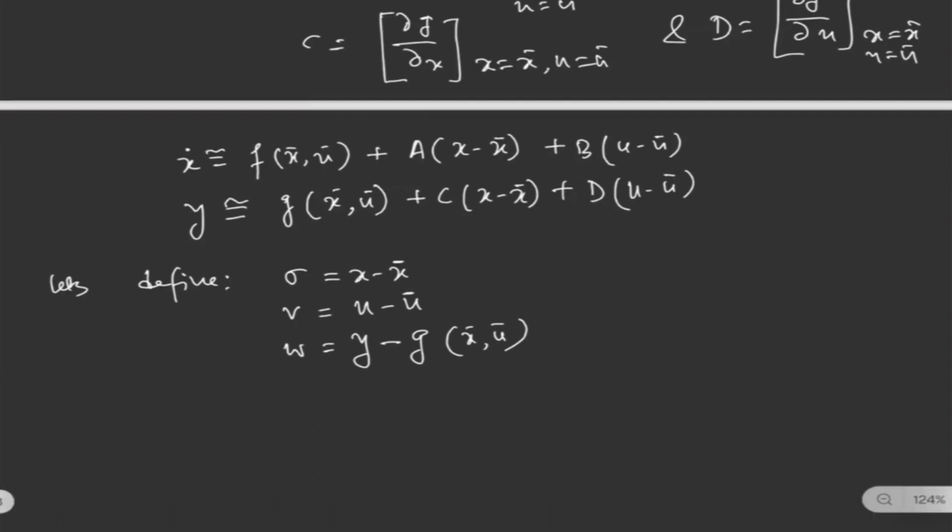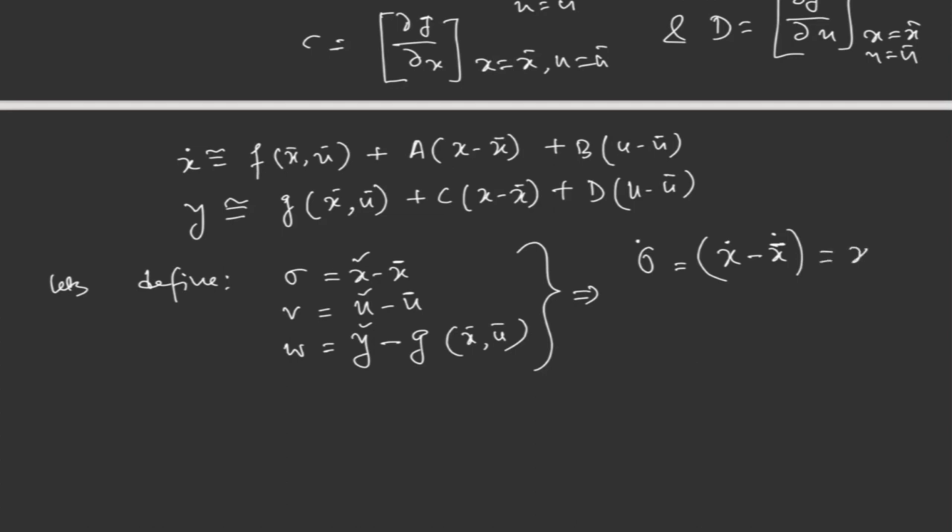So these are my actual values, and these are the trim values, x bar, u bar, and z. z is the function at the equilibrium point x bar, u bar. And from this, we can come up with sigma dot equal to x dot minus x bar dot. Since we are assuming x bar is constant, we get x dot.